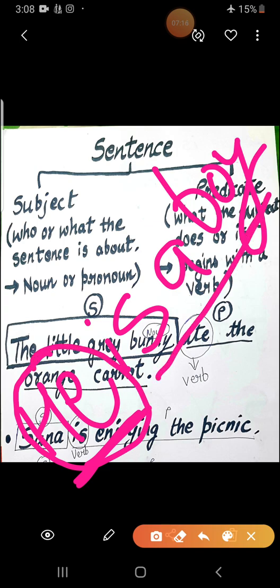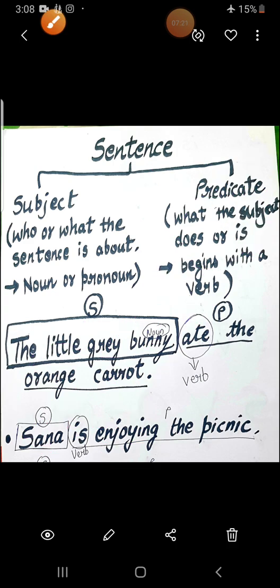And is a boy is our predicate. Why is it our predicate? Because that is what we said about our subject he. So you can see here, the subject is who or what the sentence is about, and the predicate is what the subject does or is.